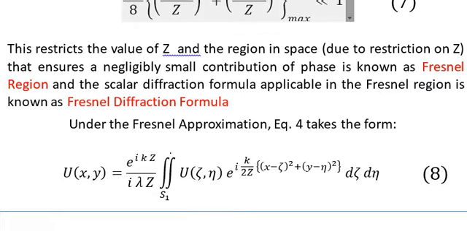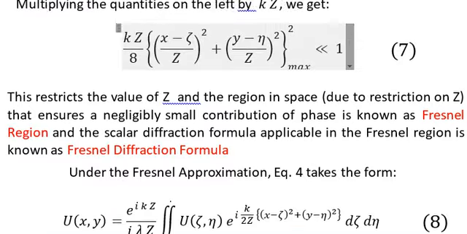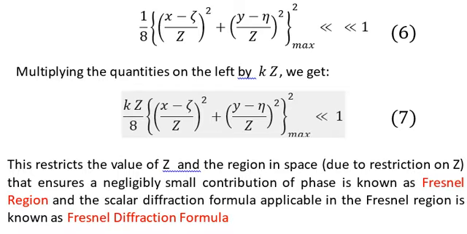This restricts the value of z and the region in space. The restriction on z that ensures a negligibly small contribution of phase is known as the Fresnel region, and the scalar diffraction formula applicable to the Fresnel region is known as the Fresnel diffraction formula. So in this equation z is very important.